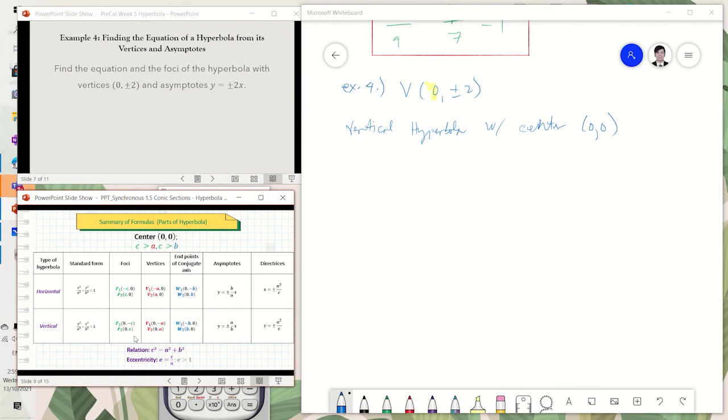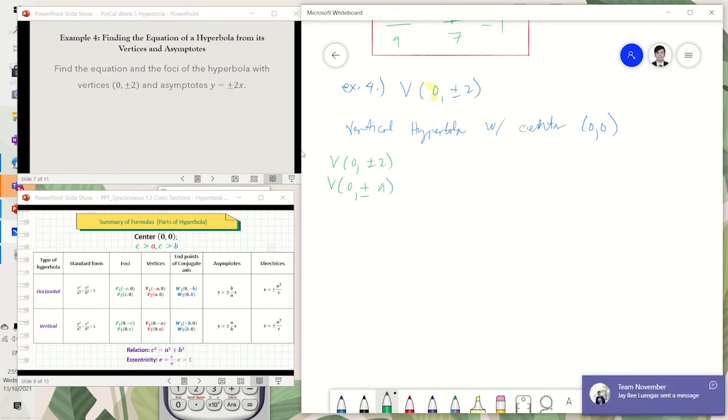Looking at our summary formulas here, the vertex involves the A. That means that we can easily conclude that our A here is a 2.